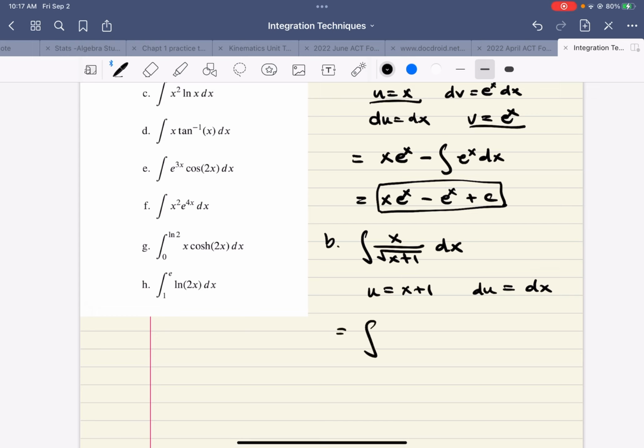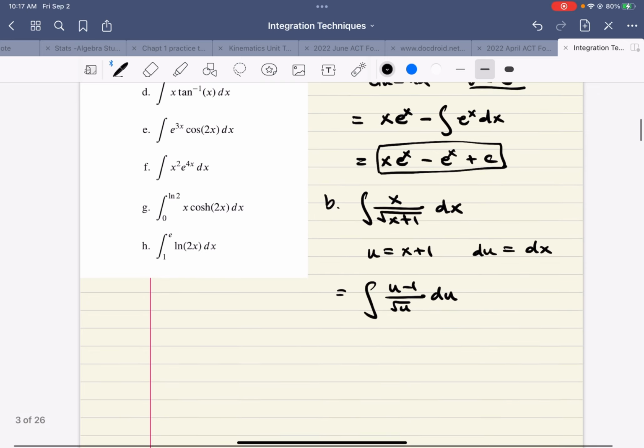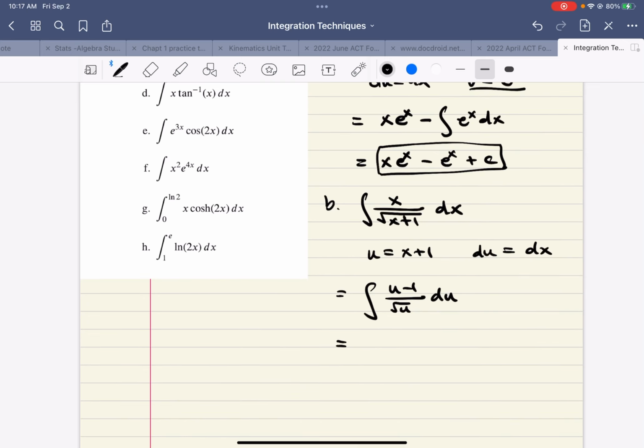So the integral, on the bottom root u, and instead of x it's u minus 1, and dx will be du. Now the next step, you can split it: u over root u minus 1 over root u du.